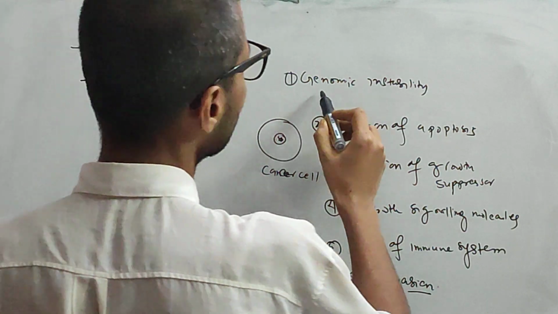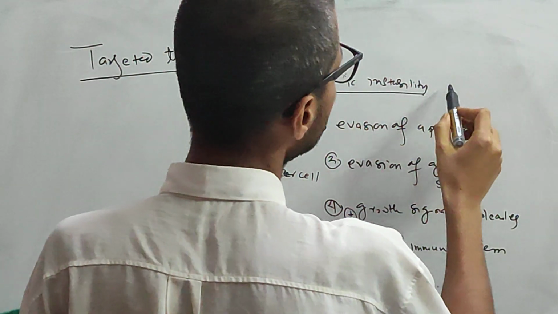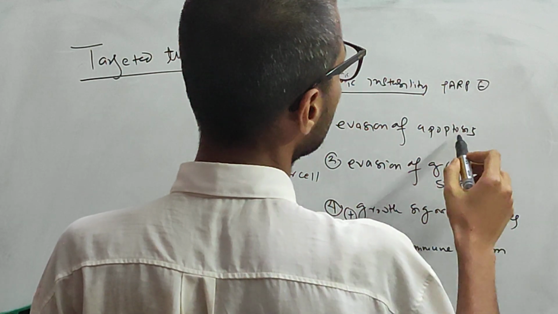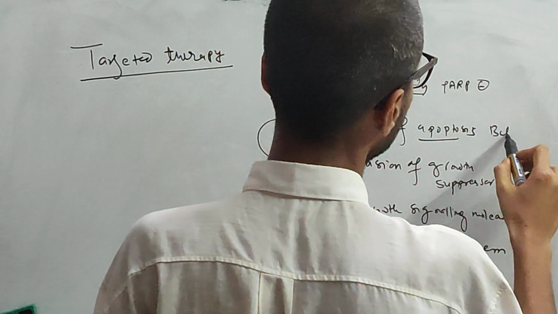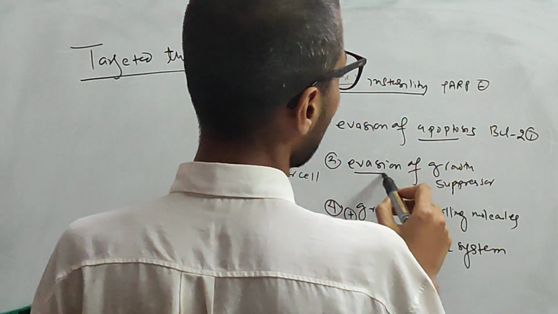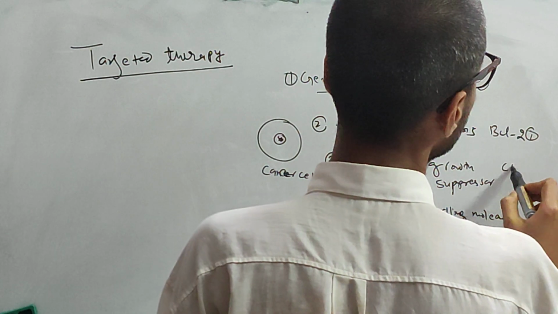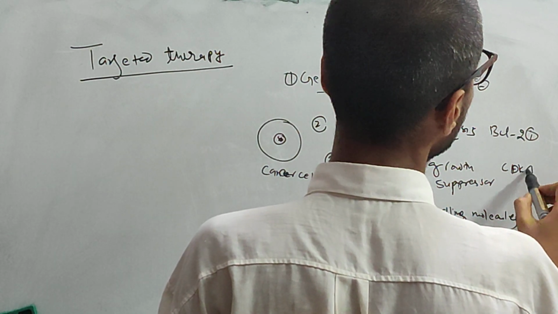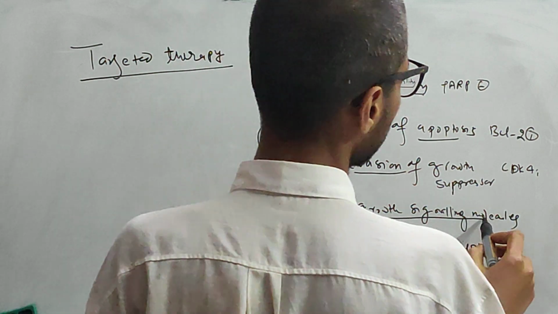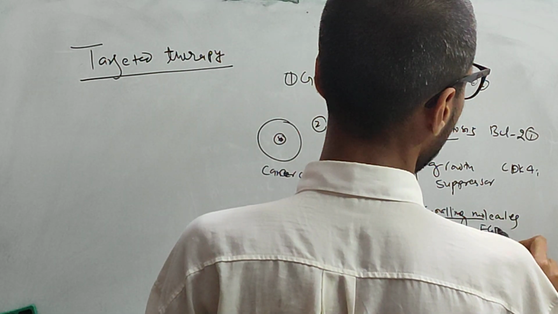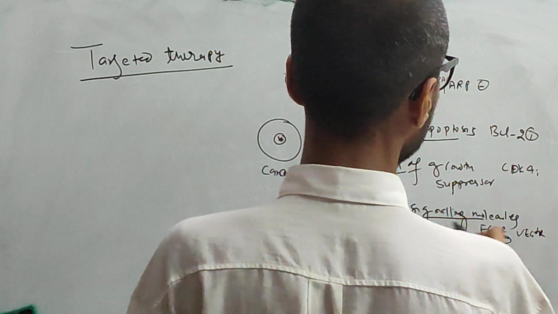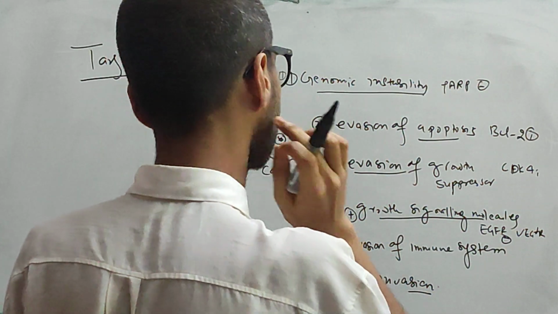You can target this step with PARP inhibitors. You can target this step with BCL-2 inhibitors. You can target this step with CDK4 inhibitors, cyclin dependent kinase inhibitors. And there are a variety of other signaling molecules like EGFR, VEGFR, HER2. You can target these with inhibitors of these molecules.